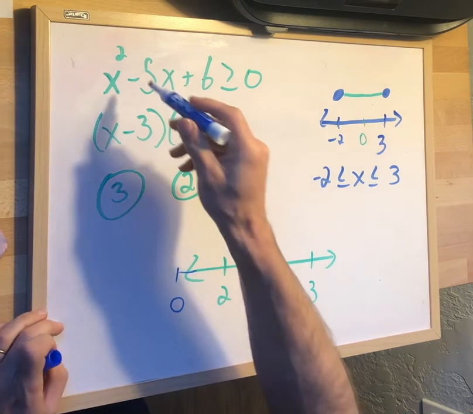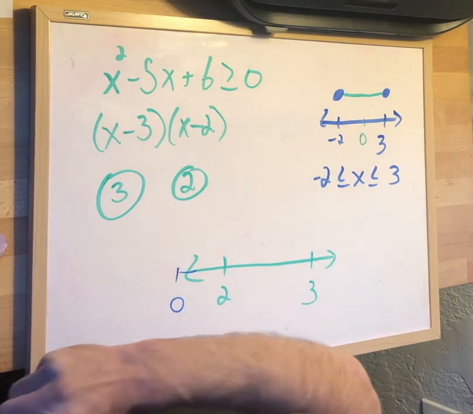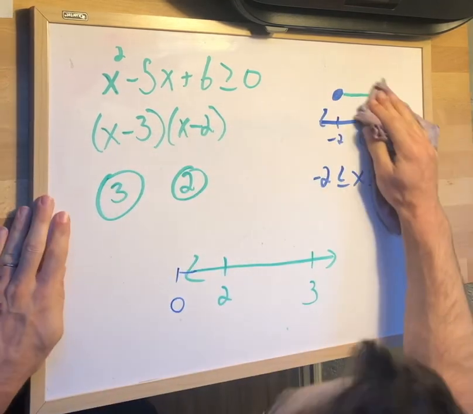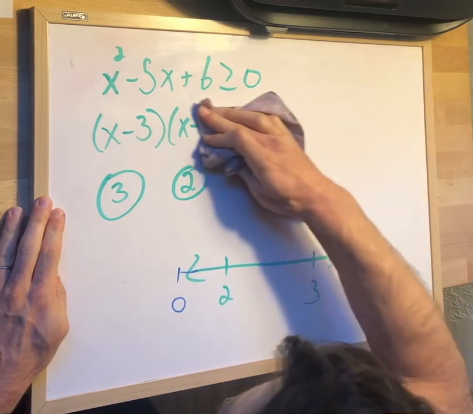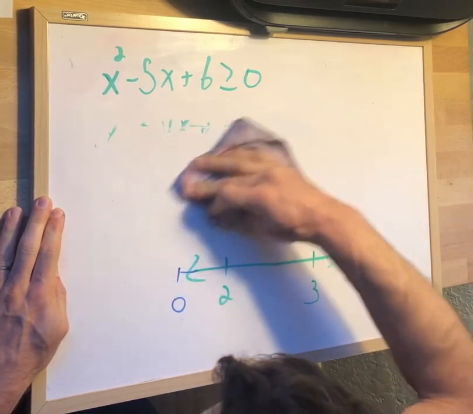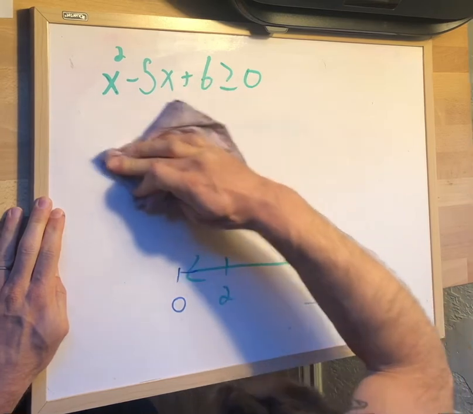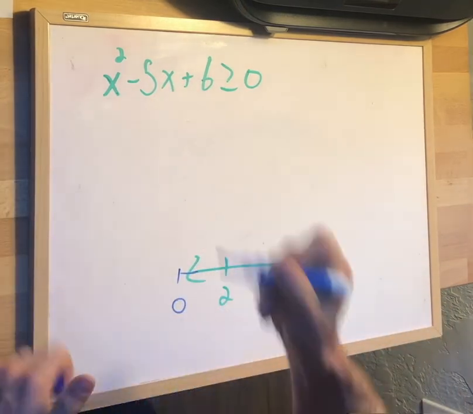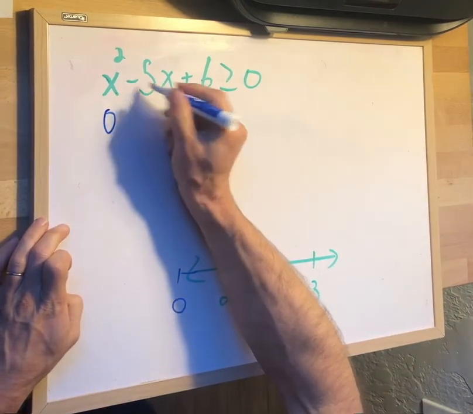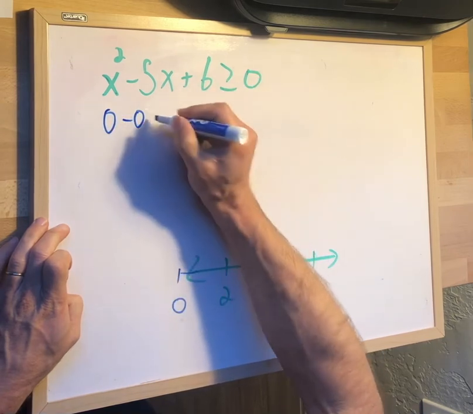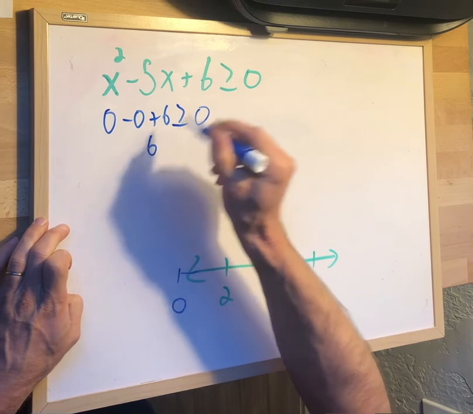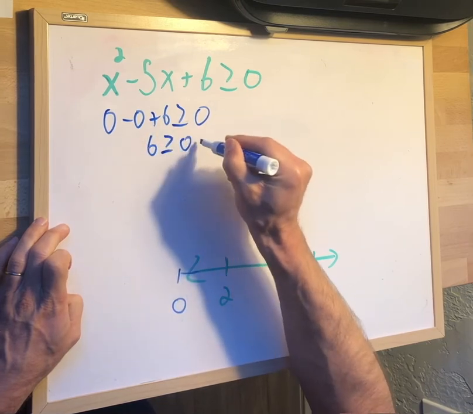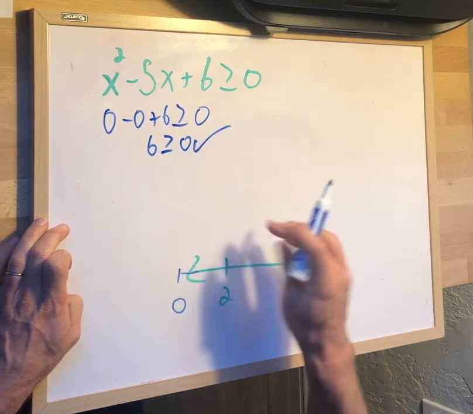Let's plug in a 0, see if this works, and I'll show you why I'm doing this in a second. All right, 0 squared is 0. 5 times 0 is 0 plus 6. 6 is greater than or equal to 0. That's a true statement.